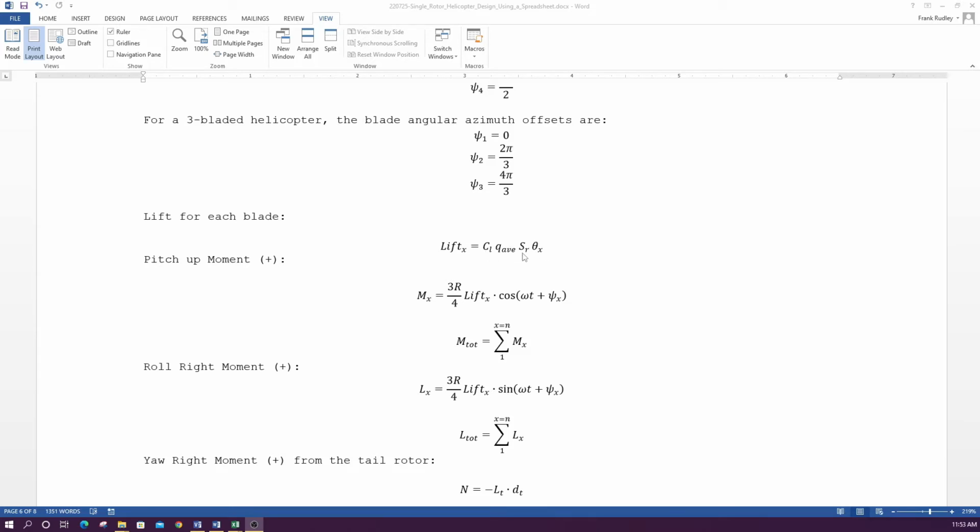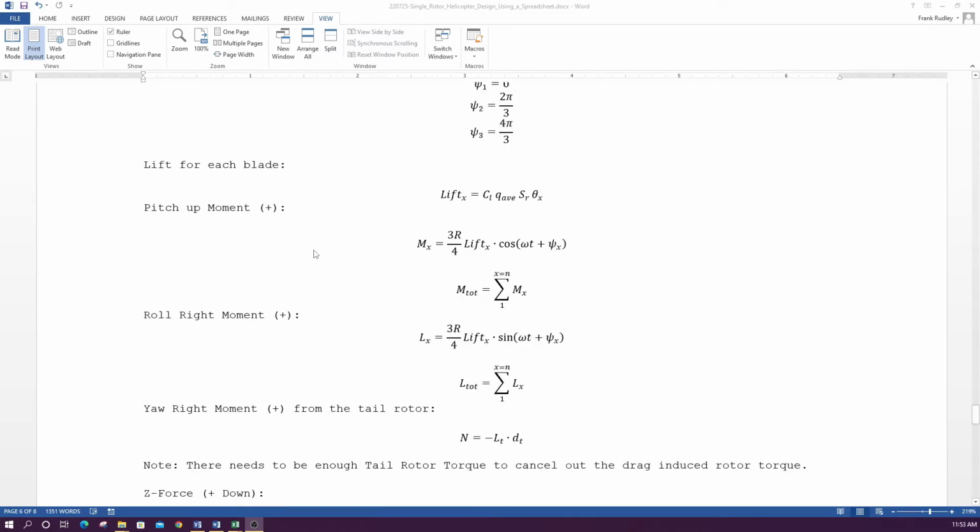These are all the same constants pretty much, and this is the only thing that varies. So that will get you to lift. The pitch up moment, that's M, that tends to make the aircraft nose up, is going to be 3/4 times the lift times the cosine of the azimuth of that blade. So this is the moment that is generated by each blade.